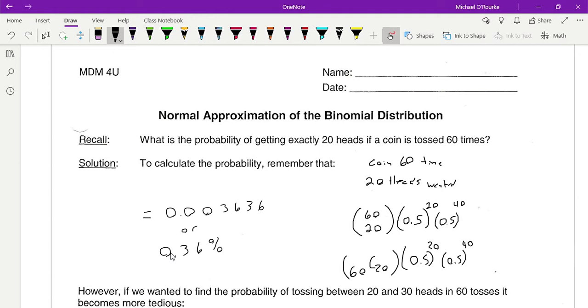What do you need the fraction button for? No, that's a combination. 60 choose 20. There's no line between it, right? Yeah, you're right. 0.36, not 36. Like I said, 36.